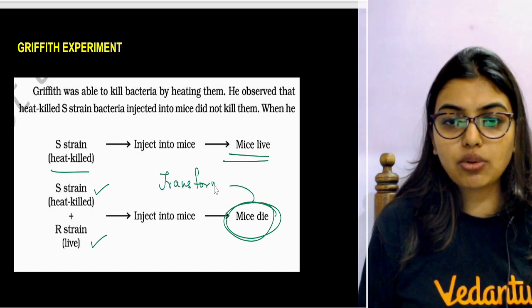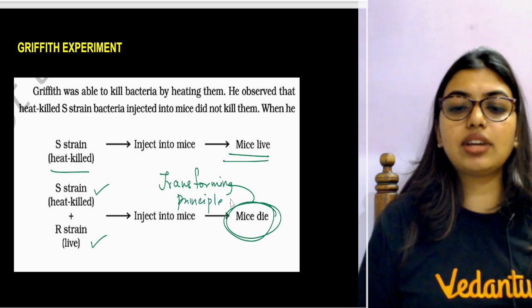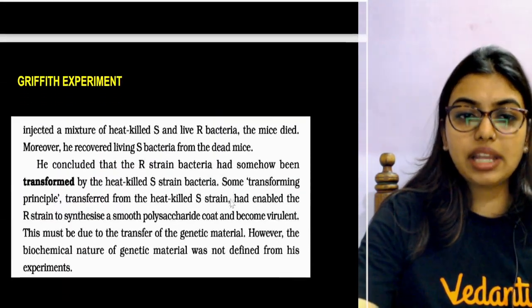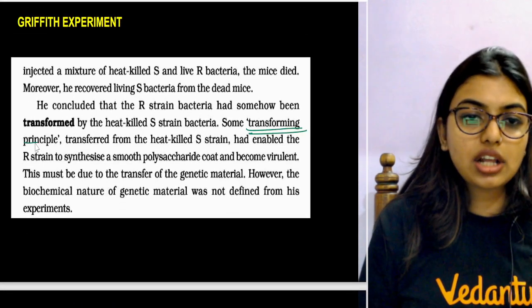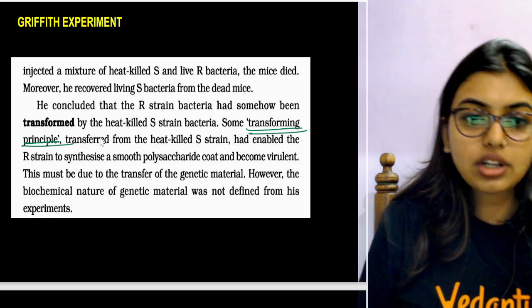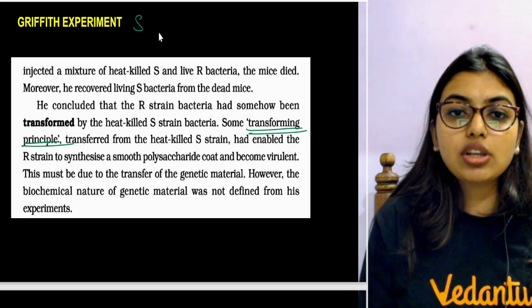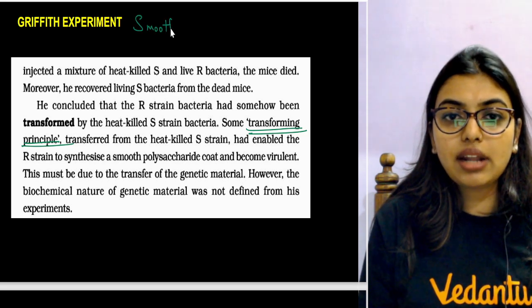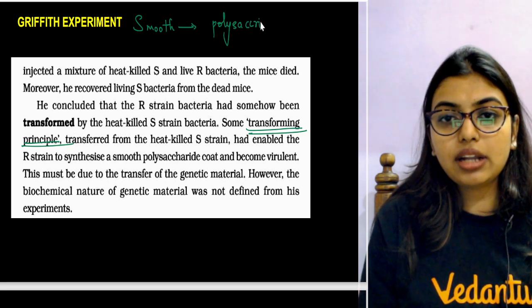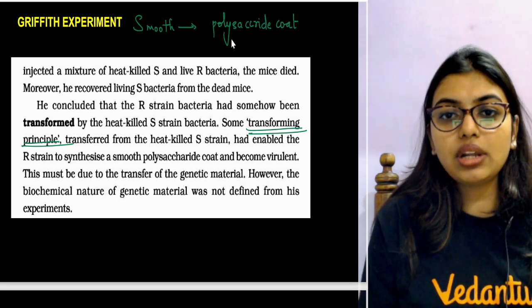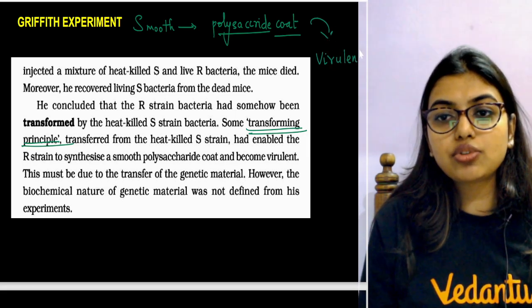That's when they understood that, oh my god, something is there that got transformed and that did not die with any heat. So he called it the transforming principle, and people believe that it is because the smooth strain has a polysaccharide coat, and that polysaccharide coat is the one that is making the smooth strain virulent.